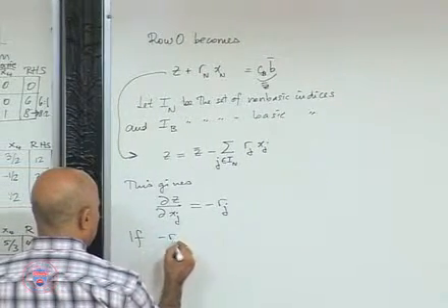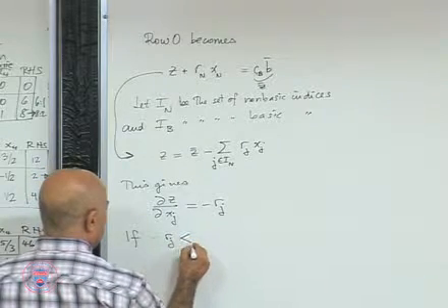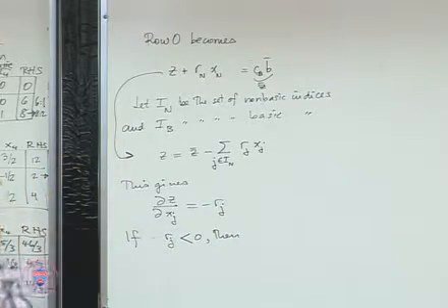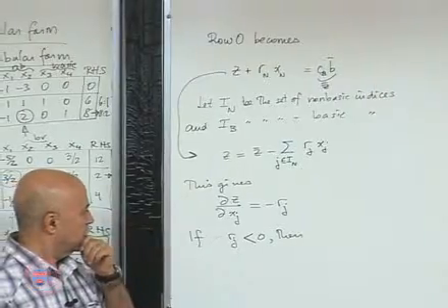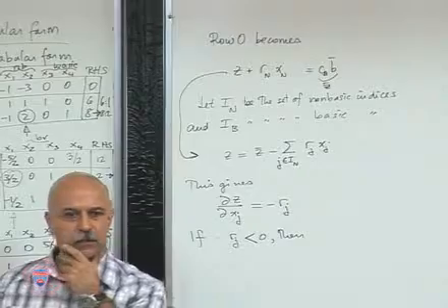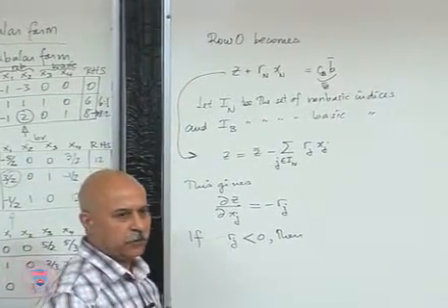If Rj is itself negative, then negative and negative will make positive, which means, of course it's good to, what am I doing though? Did I write down a minimization or maximization? Minimization. So we're on a minimization problem.